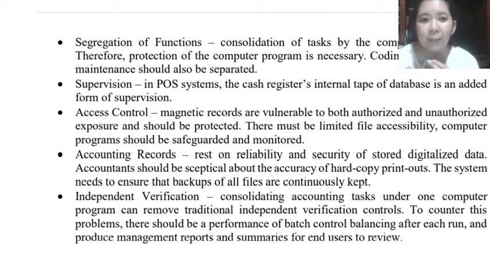So for independent verification, consolidating accounting tasks under one computer program can remove traditional independent verification controls. So this is a problem. To counter this problem, there should be a performance of batch control balancing after each run to make sure that those transactions that are processed are authorized and follow certain guidelines and rules.